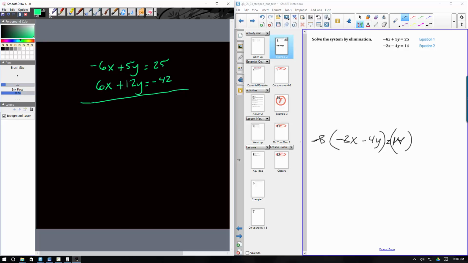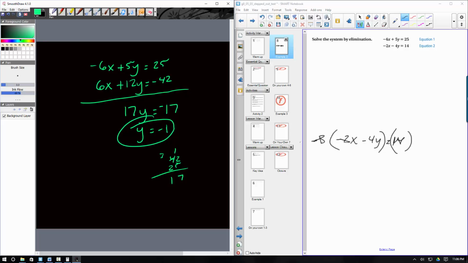I'm going to go through it. This gets rid of this. I'm going to have 17y equals, and then negative 42 minus 25, so it's negative. So y equals negative 1.